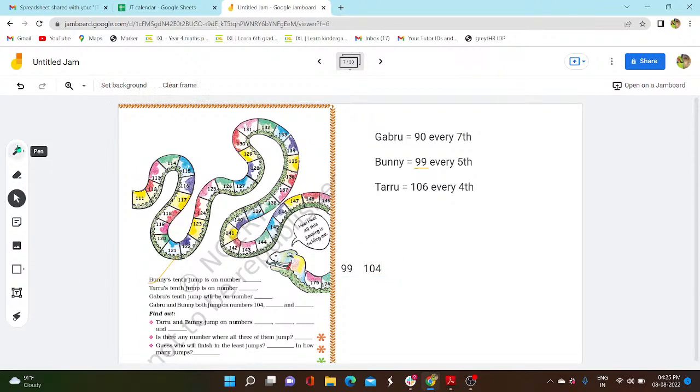So in his first jump Bunny will add a 5 and reach 104. Now again he'll jump one more, add a 5. This is his second jump. And this time he will reach 104, add another 5, which is 109.